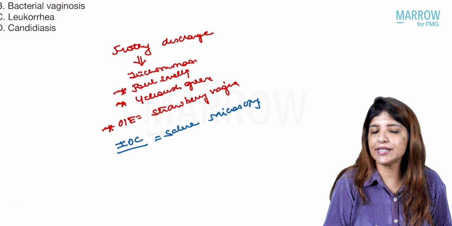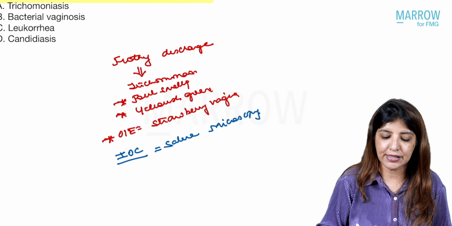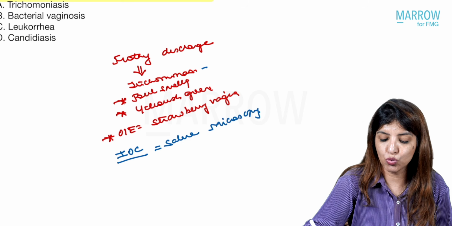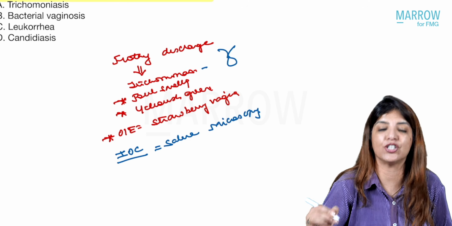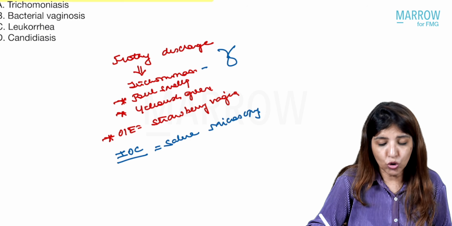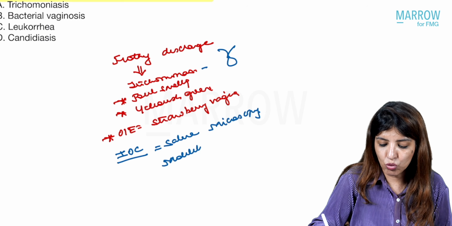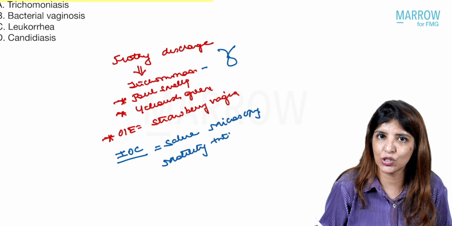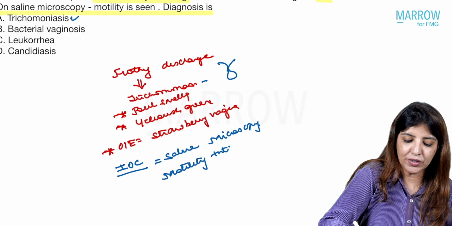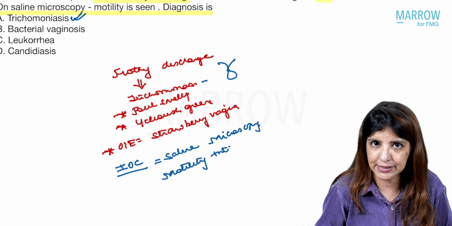And what do you get in saline microscopy on trichomonas? Trichomoniasis is due to the protozoa trichomonas, and trichomonas is a flagellated protozoa. So when you do saline microscopy, you will see something moving. In other words, motility will be present. So that means we are dealing with a case of trichomoniasis.